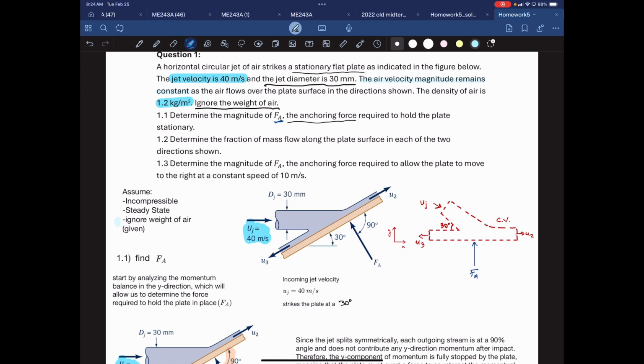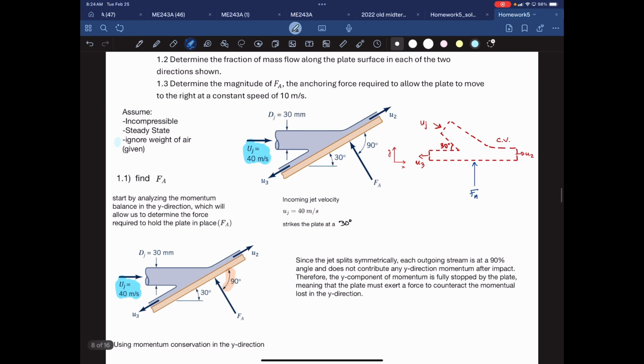We have to determine the magnitude of Fa, the anchoring force required to hold the plate stationary, then determine the fraction of mass flow along the plate surface in each of the 2 directions, and also determine Fa required to move the plate to the right at a constant speed of 10 meters per second.